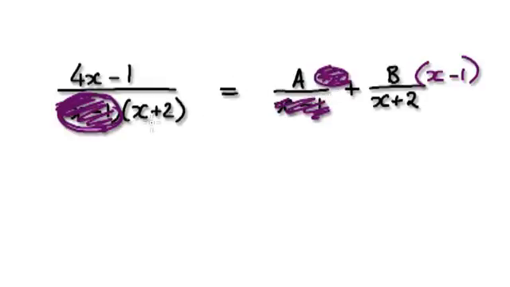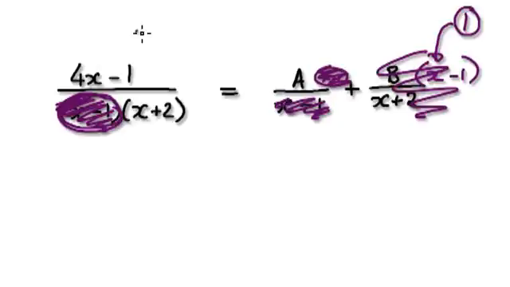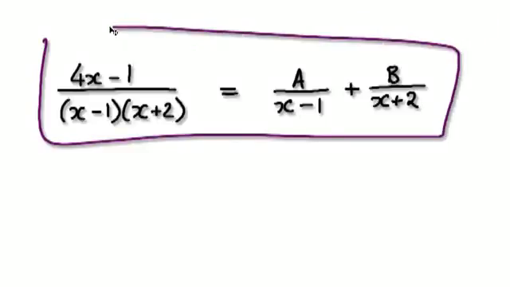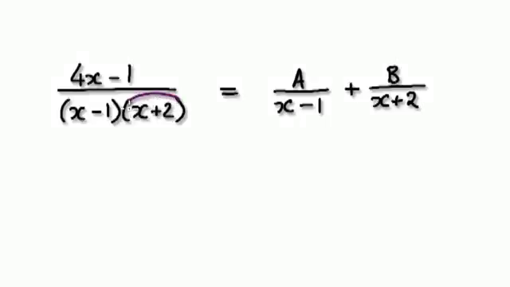Okay, so now you can let, well, you want to kill off this B here. So to work out A, you want to kill off this B. So if you let x equals positive 1, that would then kill off the B, and then you will put the 1 into here and the 1 into here. And then to find B from this stage here, in your mind you've got to times both sides by this thing here.